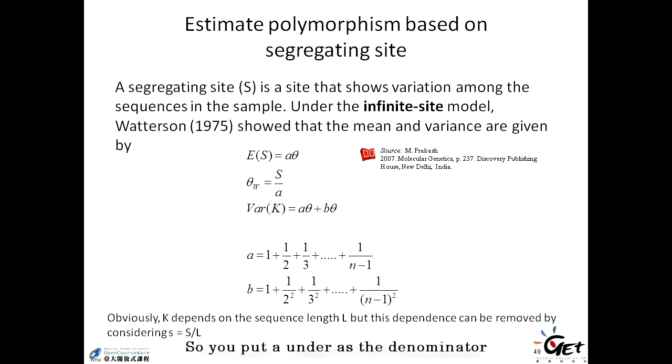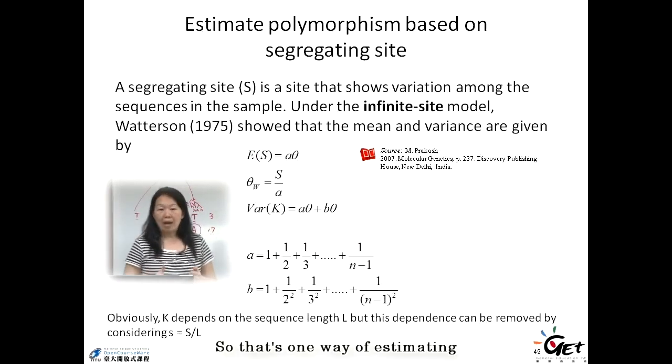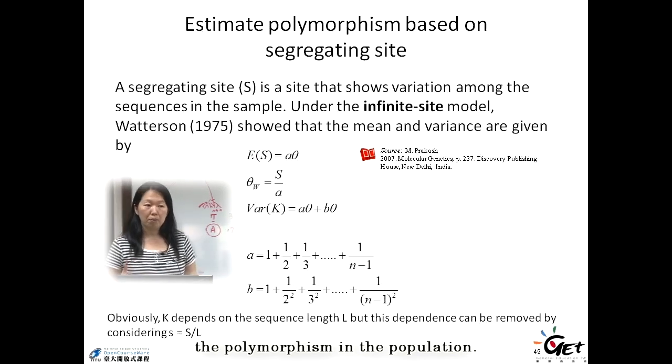So you put A as the denominator for the estimation from the segregating sites. Then you can estimate theta. And Watterson was the first to propose the relationship between the segregating sites and the DNA polymorphism. That's why we also call this theta W. W stands for the initial of Watterson. So that's the formula. That's one way of estimating the polymorphism in the population.